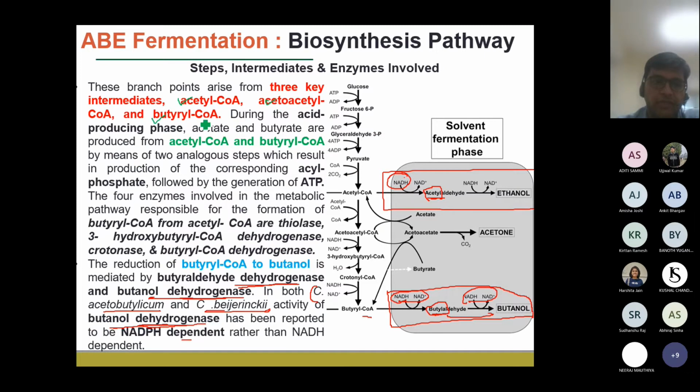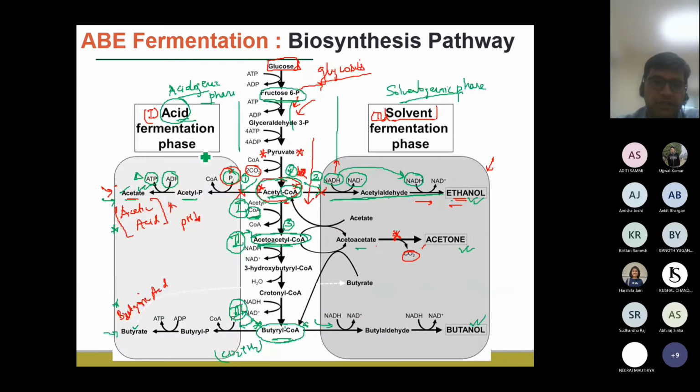And during the acid producing phase, we have looked into the details, like it should be reacted with phosphate. Then what happens? The substitution of the coenzyme A functional group of the acetyl CoA takes place, and it leads to the production of the acetate with the conversion of ADP to ATP. Or it can be the other way around.